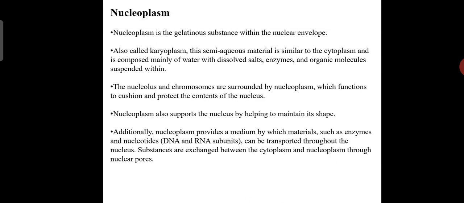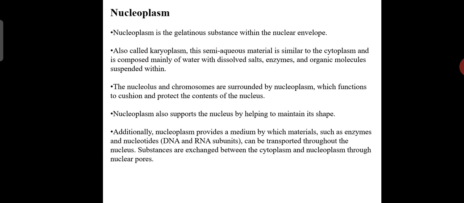Next is the nucleoplasm. Nucleoplasm is the gelatinous substance within the nuclear envelope, also called karyoplasm. This semi-aqueous material is similar to the cytoplasm and is composed mainly of water with dissolved salts, enzymes and organic molecules suspended within.